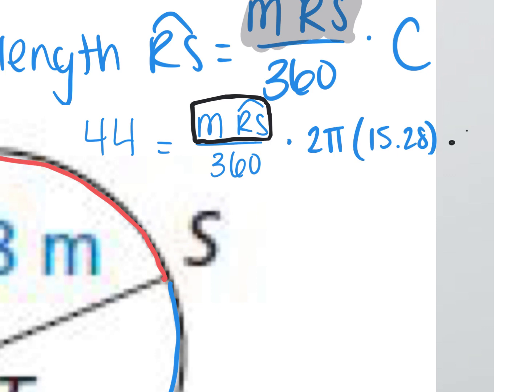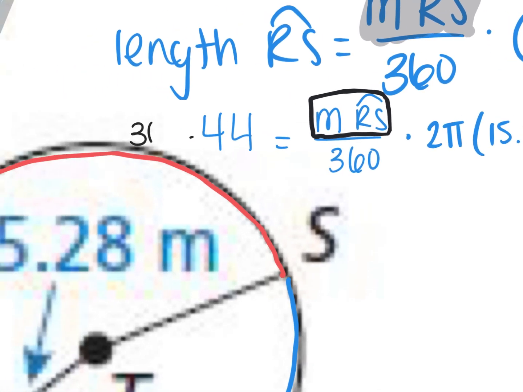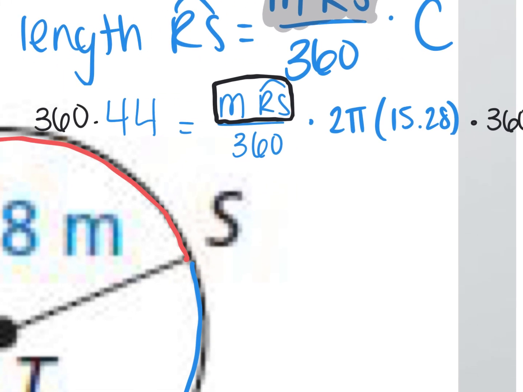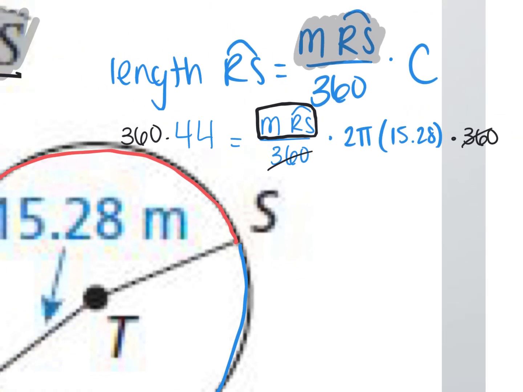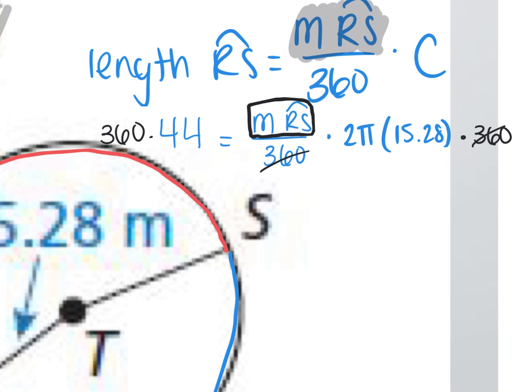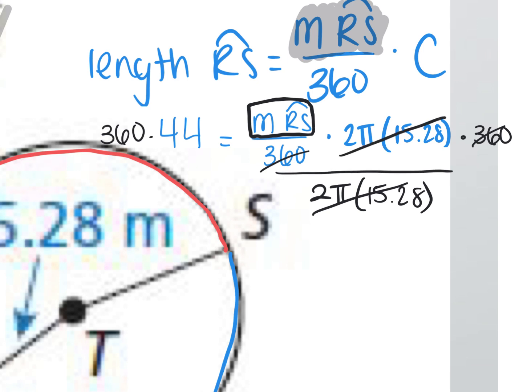I definitely need to multiply both sides by 360. Very good. If I multiply both sides by 360, that 360 in the denominator is now gone. What else do I need to do to isolate the measure of RS? Divide by what? 2 pi times 15.28. These go away.